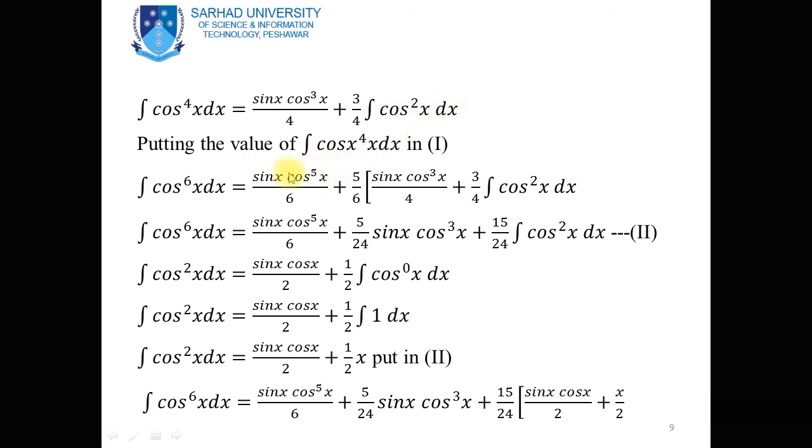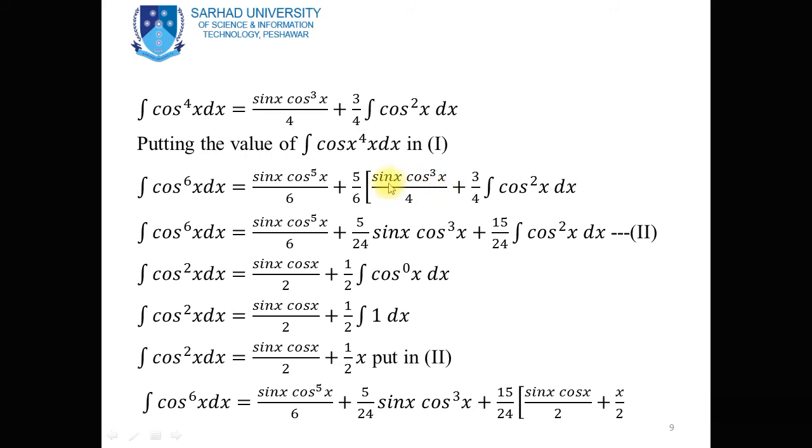Now putting this in equation number 1, integration of cos x power 6 with respect to x is equal to sine x into cos x power 5 divided by 6 plus 5 by 6 into the result of integration of cos x power 4 with respect to x.